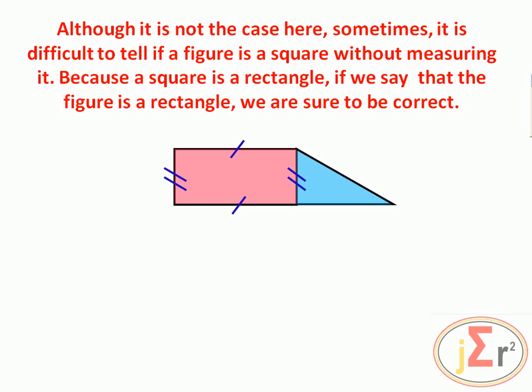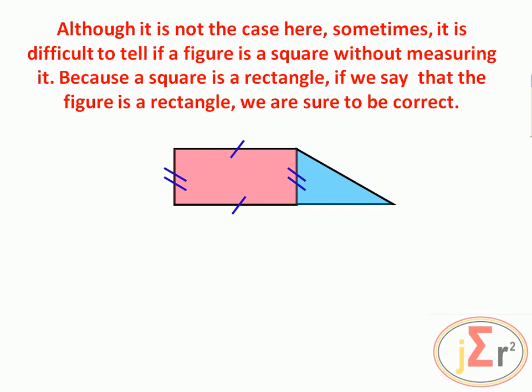For example, how the sides are marked. So if the sides are all marked with a single dash, then we know that it is a square, even if by looking it just looks like a normal rectangle that is not a square. As long as those who are setting the examination give you the problem with each side having a single dash, they intend that you interpret the diagram as a square.